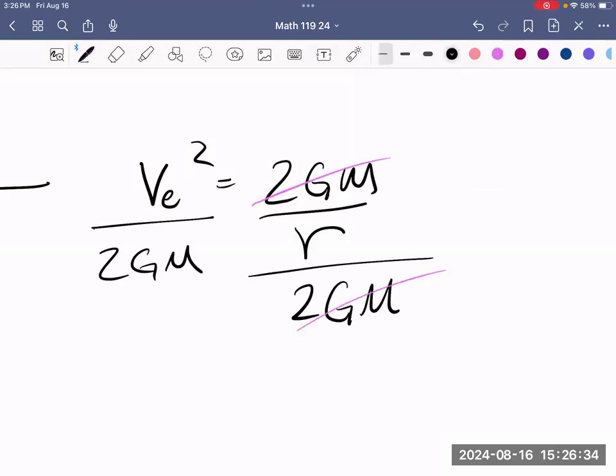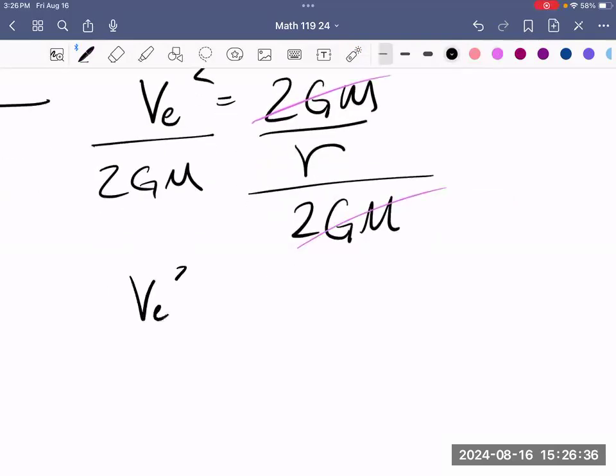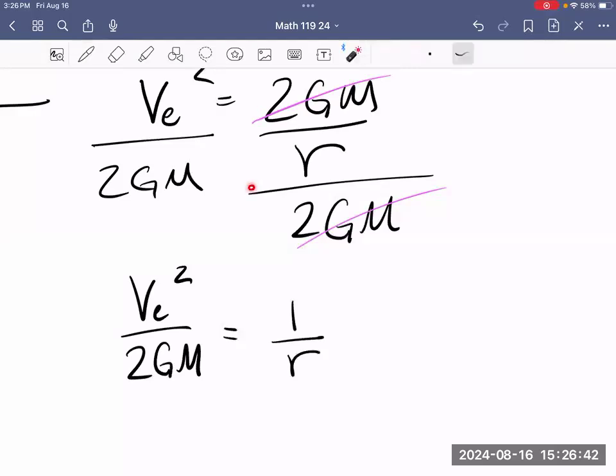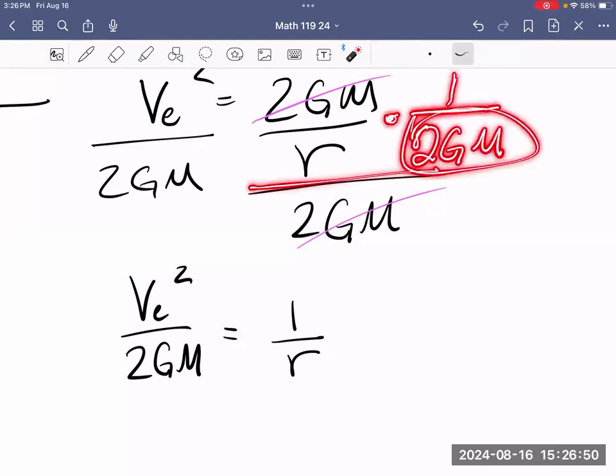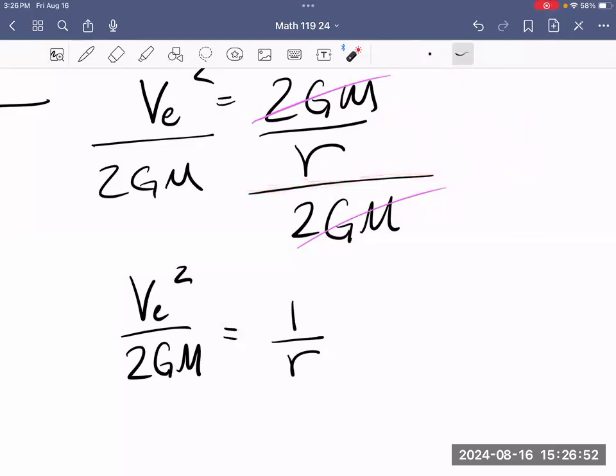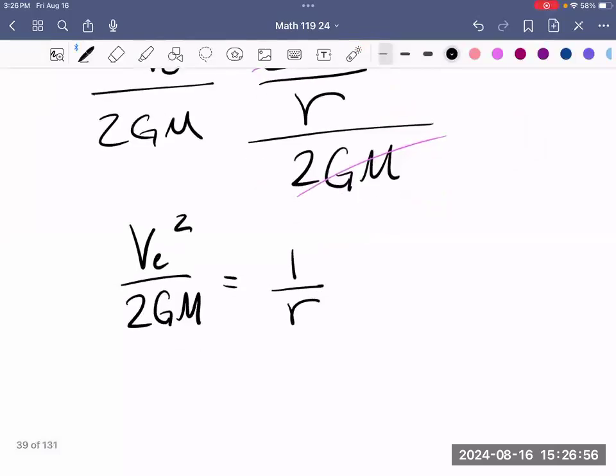But you're still left with R in the denominator, because this division sign here, you're really just dividing by 2GM or multiplying by a 1 over that amount, right? So you still have 1 on top of R, in which case we are going to have to perform the reciprocal.